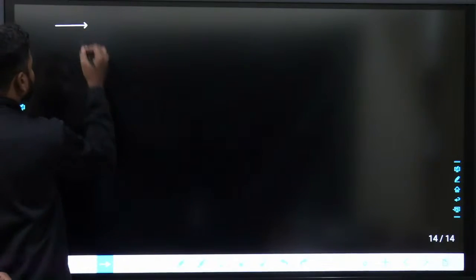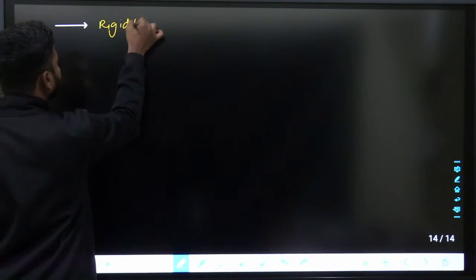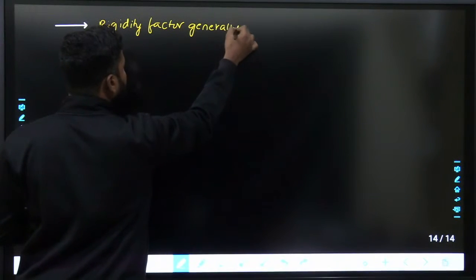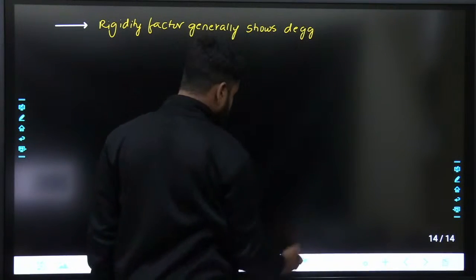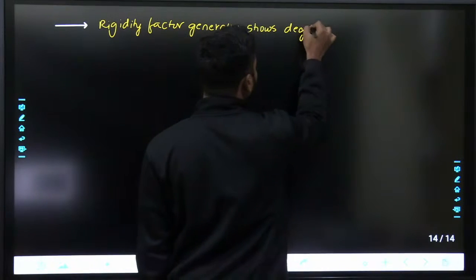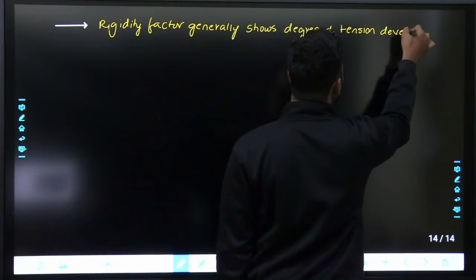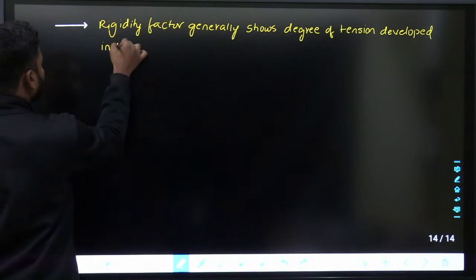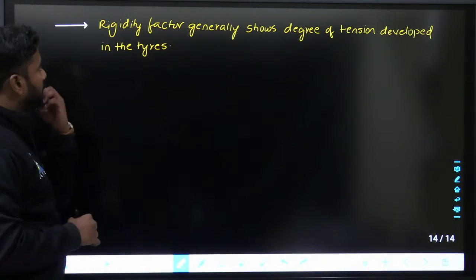Rigidity factor generally shows the degree of tension developed in the tires.